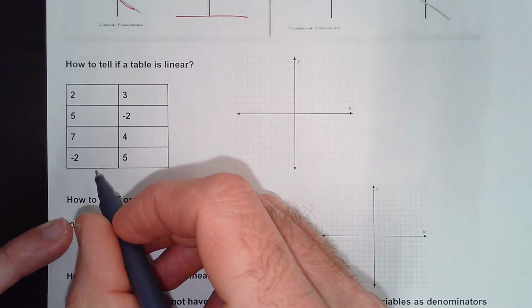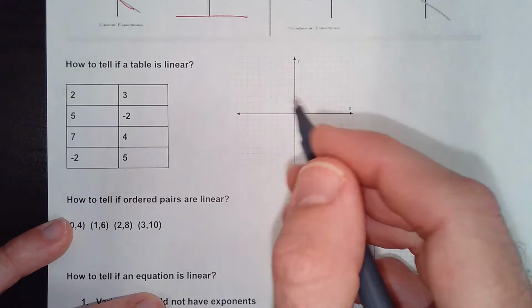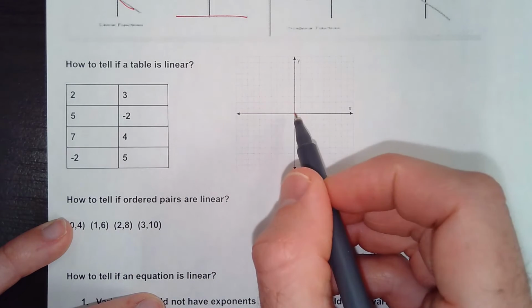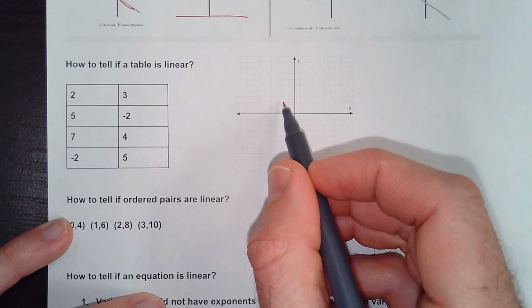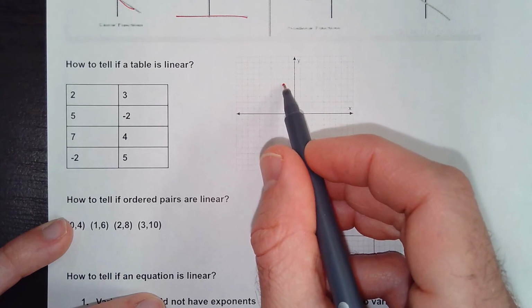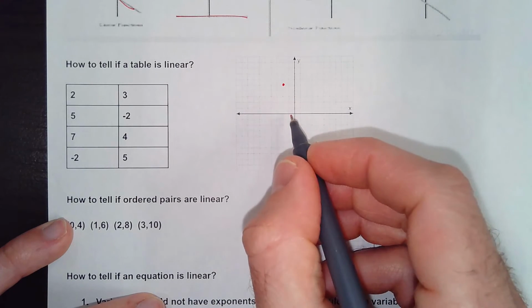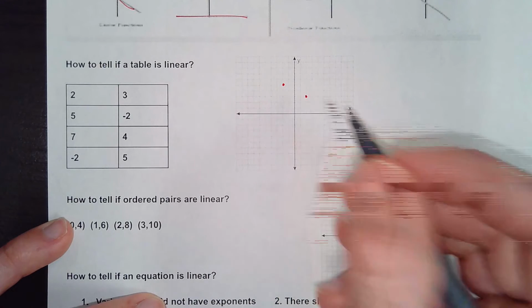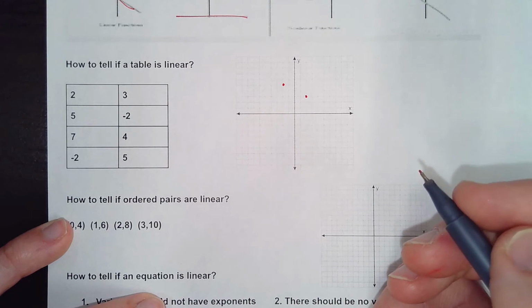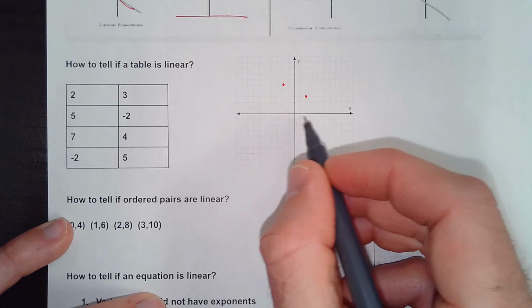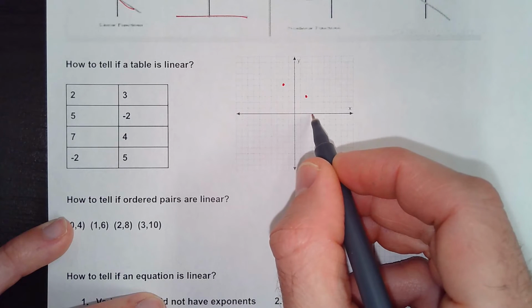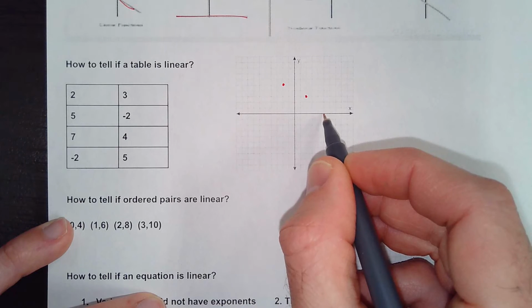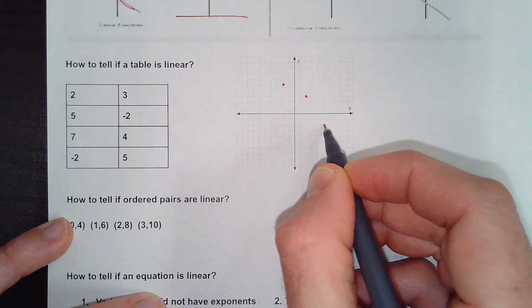So the first one, I'm going to start with the lowest x value. So -2, 5. I go -2, up 1, 2, 3, 4, 5. Next one's 2, 3. Next one's 5, down 2.